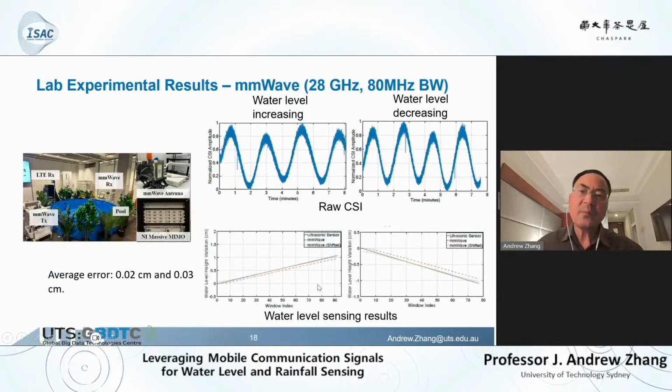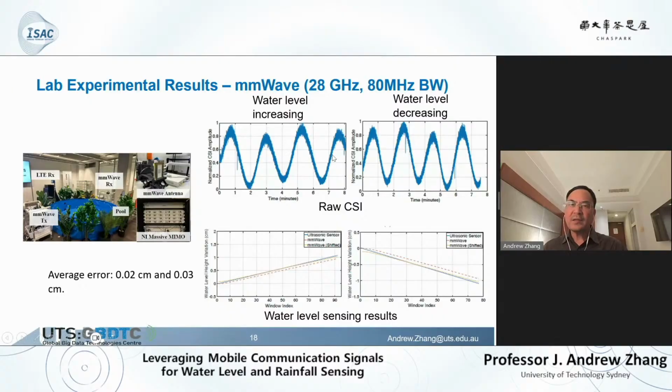Here I show you some experimental results. This one is for the millimeter wave system. We used a communication system for millimeter wave and extracted the CSI amplitude as shown here. As you can see, in a real system, the power of the CSI actually has a sinusoidal type of shape, and it's periodic.